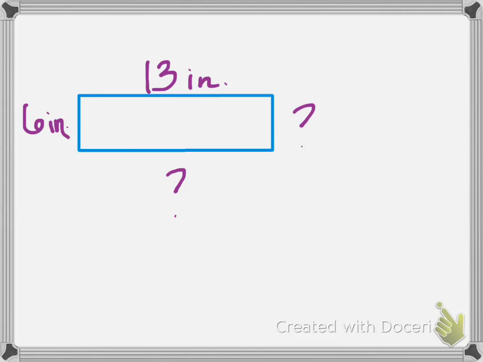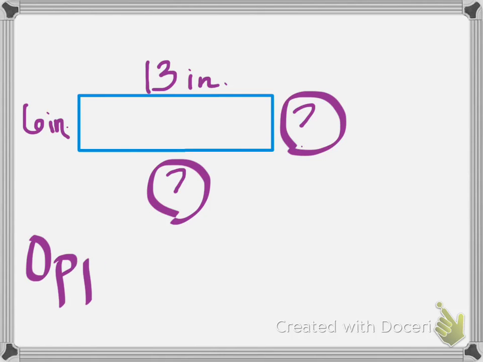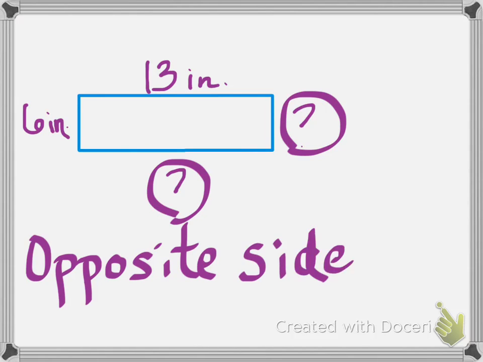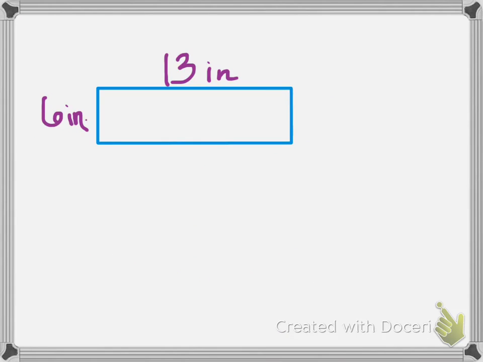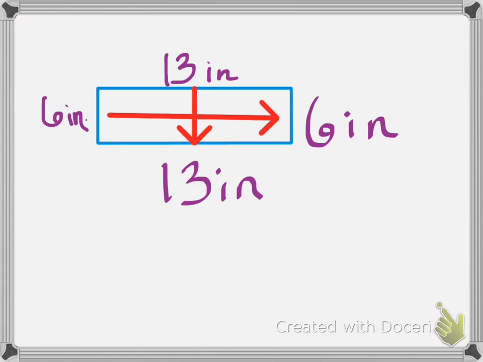But when we are calculating the perimeter of a rectangle with two unknown sides, it's actually not very hard to figure out what those other sides are, because we know that the opposite sides are equal when dealing with parallelograms. So the opposite side of the 13 inches would be, again, 13 inches. And the opposite side of 6 inches would be 6 inches. See, not very difficult at all.